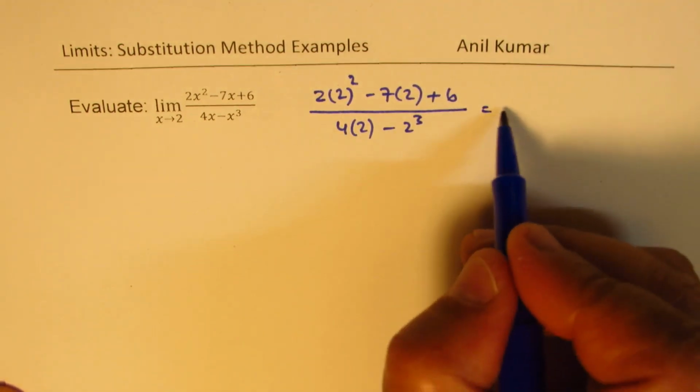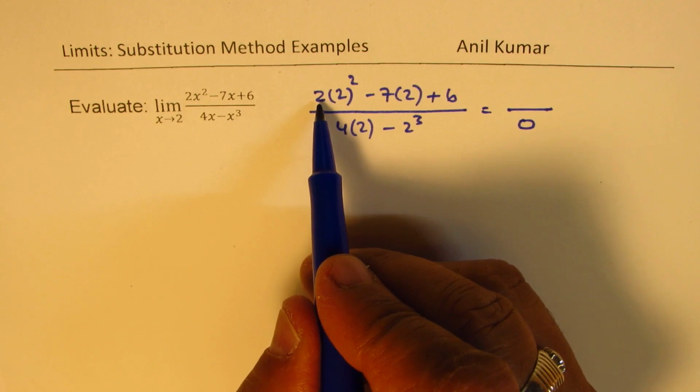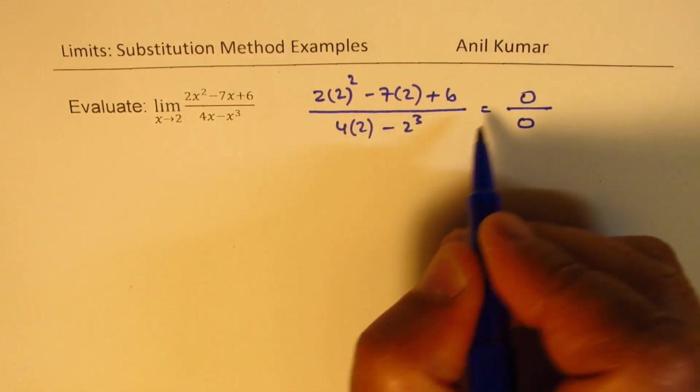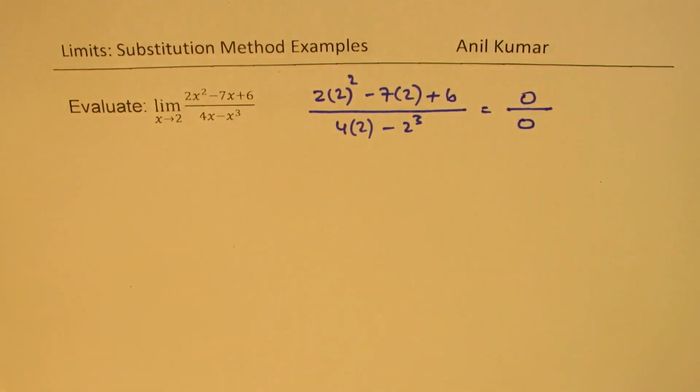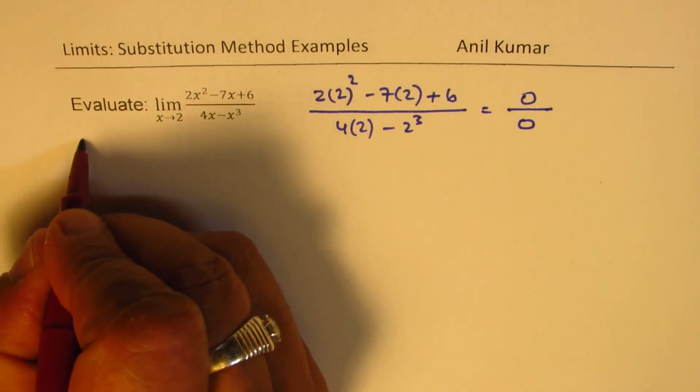Now that is 8, and we get 8 minus 8 as 0. So 4 times 2 is 8, 8 plus 6 is 14, and 14 minus 14 is also 0. And therefore, we will apply our technique. And in this case, as I was discussing, we will not apply substitution, but we'll directly go for factoring.